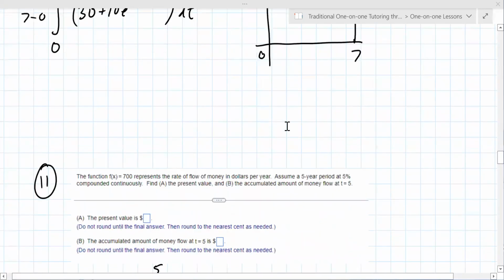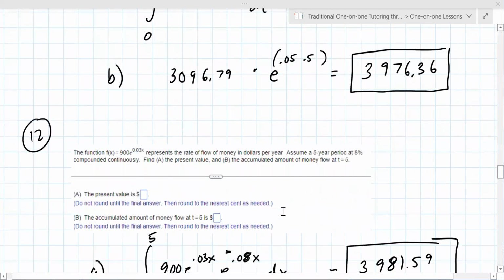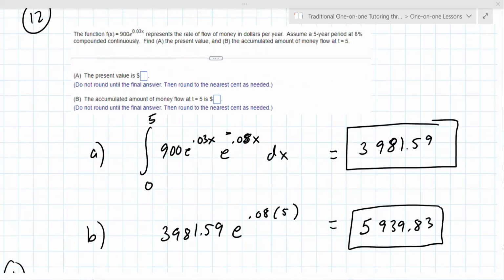And 10's good. Okay. That one's good. Scroll down here. A couple more.